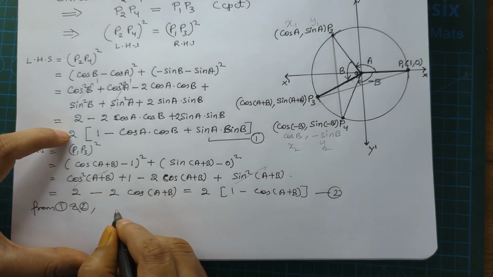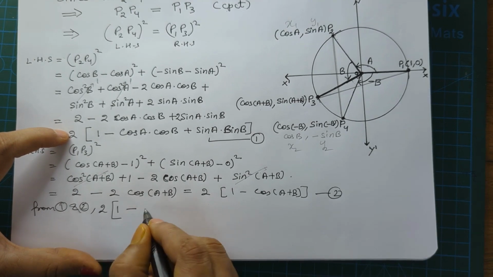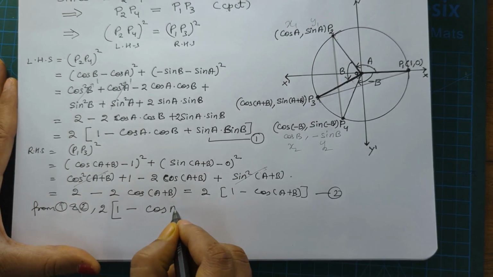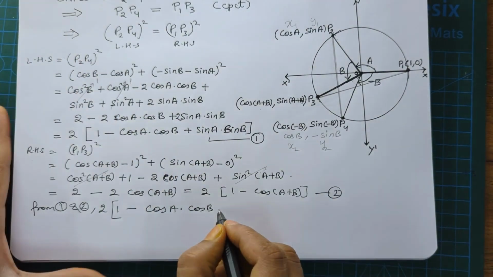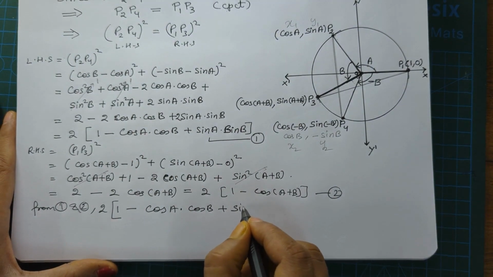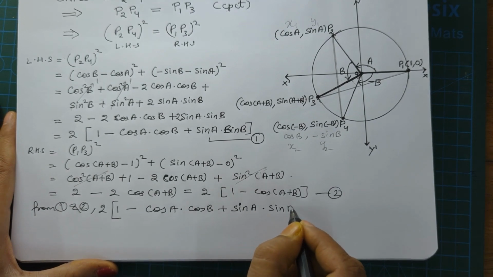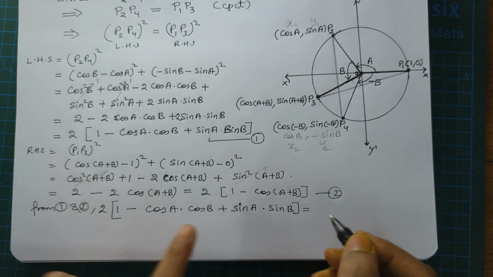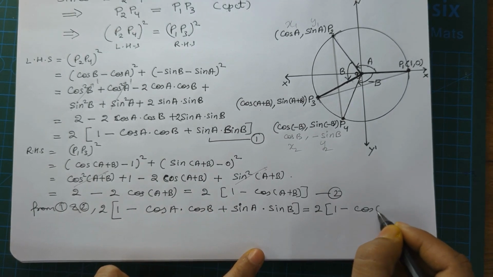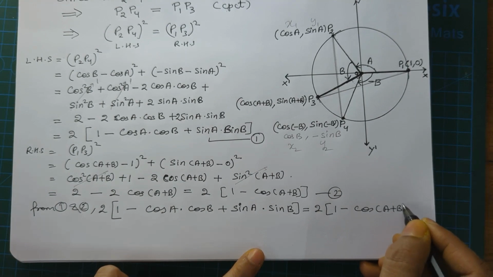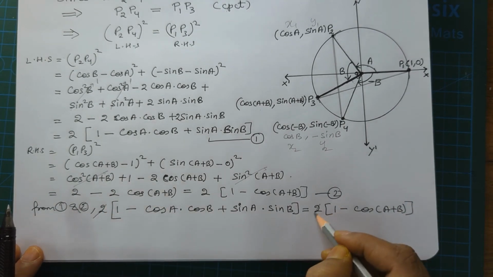So I'm writing 2 times 1 minus cos A cos B plus sin A sin B, and here 2 times 1 minus cos of A plus B. On either side, the factor 2 cancels.